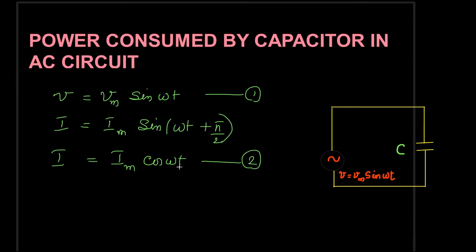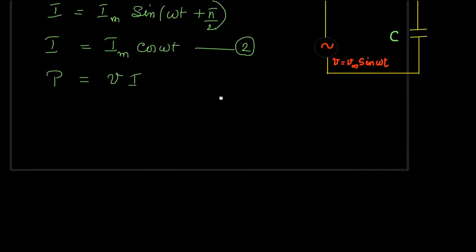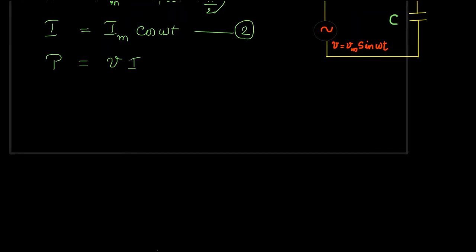At any time t, V is the voltage and I is the current. So the power dissipated in the circuit is equal to V into I. For a time dt, if dE is the energy dissipated, dE can be written as P into dt, power into time.